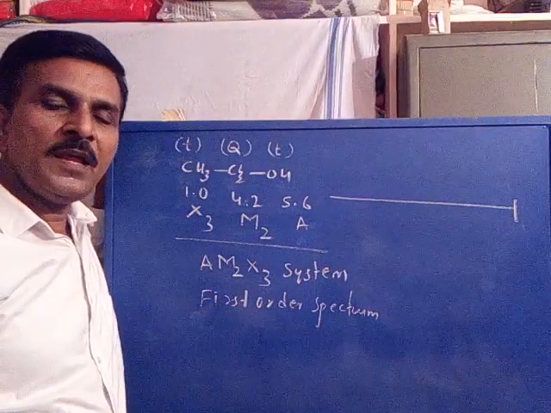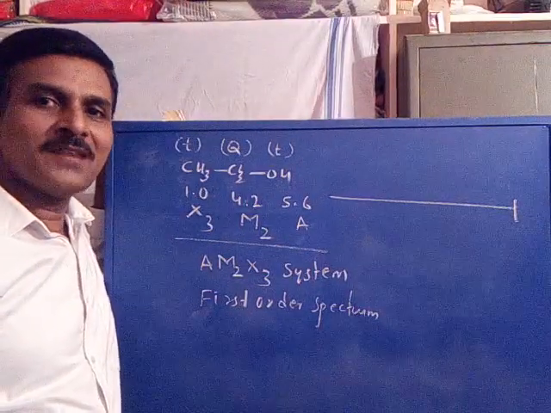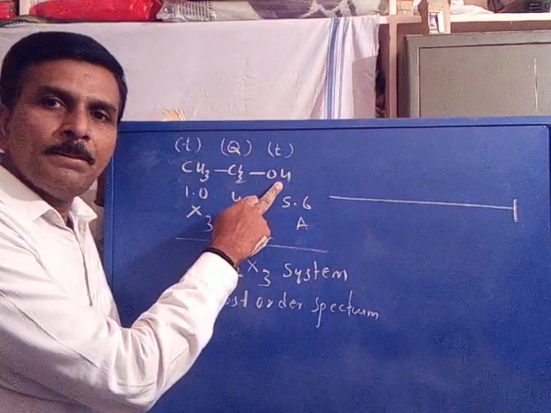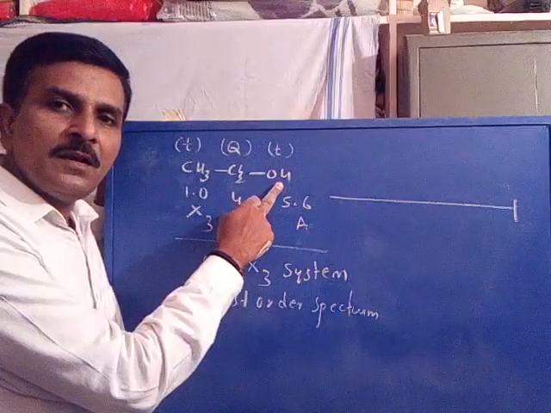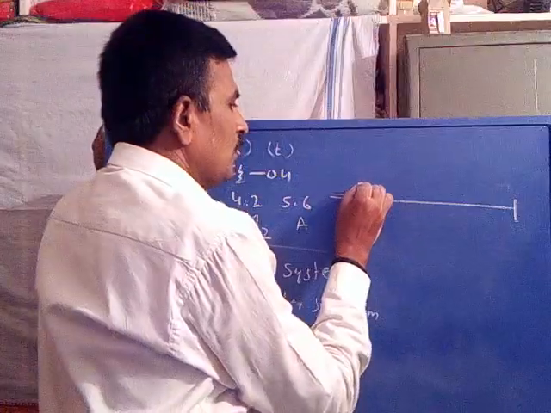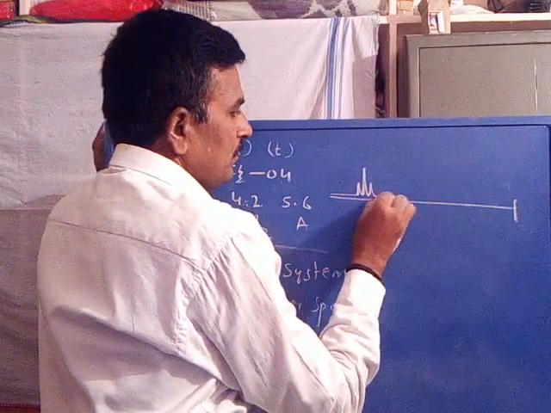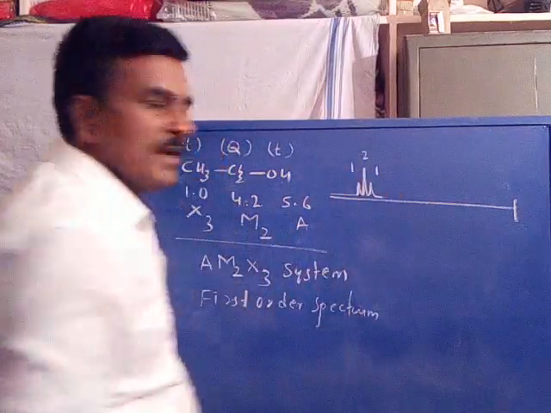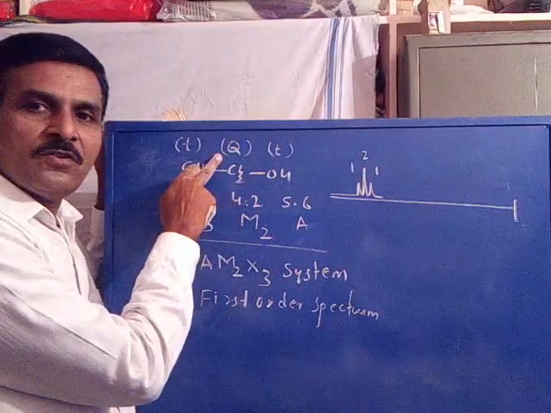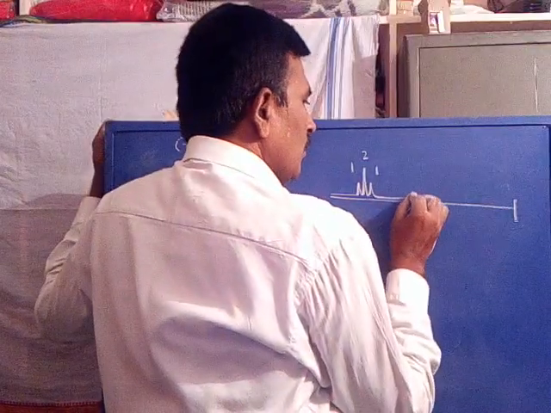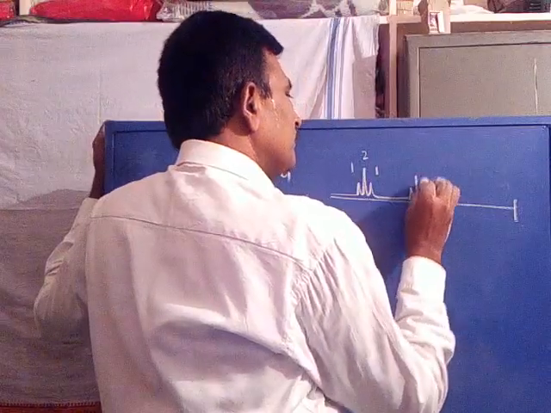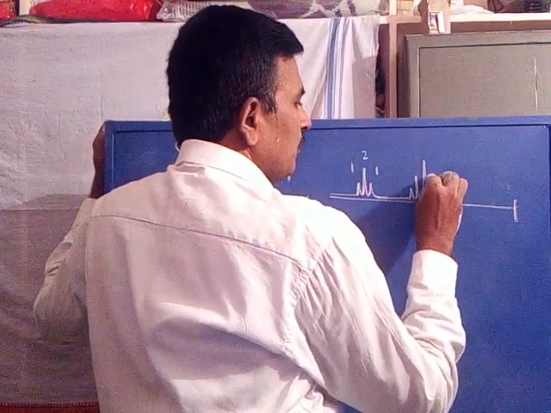The intensity should follow Pascal's triangle. The OH signal as a triplet, we should draw with 3 lines of intensity 1:2:1. Now the middle CH2 proton is a quintet, with intensity 1:4:6:4:1.